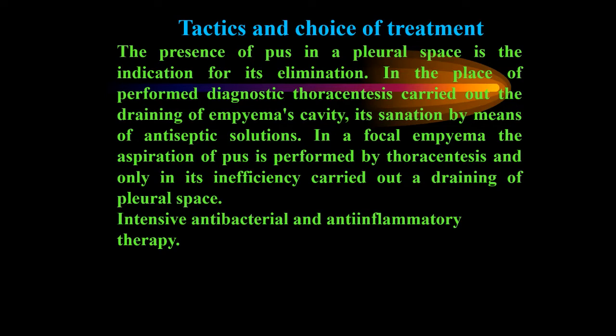In a focal empyema, the aspiration of pus is performed by thoracentesis, and only in its insufficiency is a drain of the pleural space placed. Intensive antibacterial and anti-inflammatory therapy.